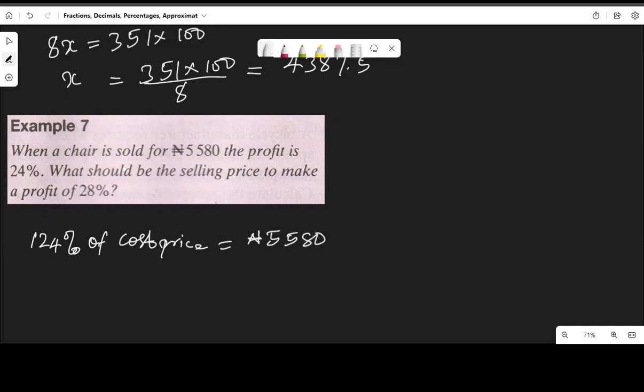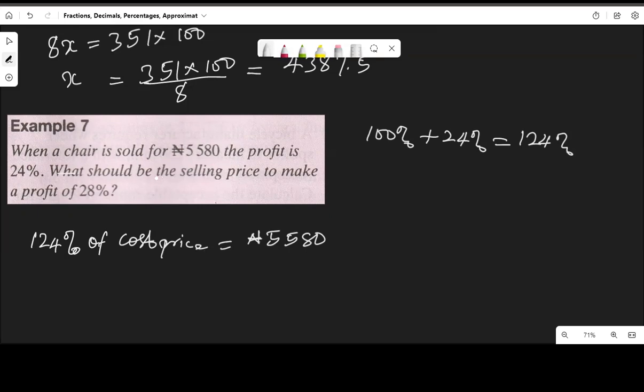Why is this so? It says when a chair is sold for 5,580, the profit is 24%. Meaning the cost price is 100%, the profit is 24%, and 100% plus 24% is 124%. So 124% of cost price is the price that the chair is sold for.